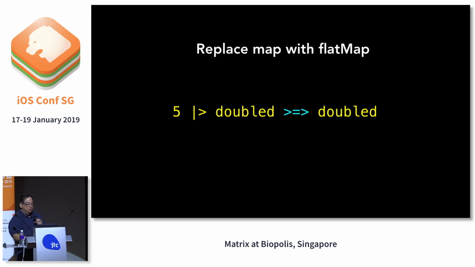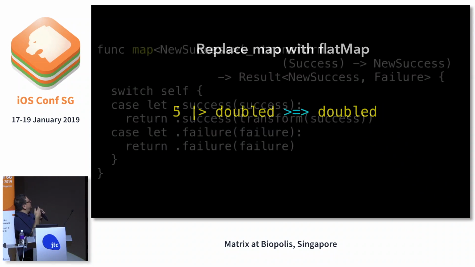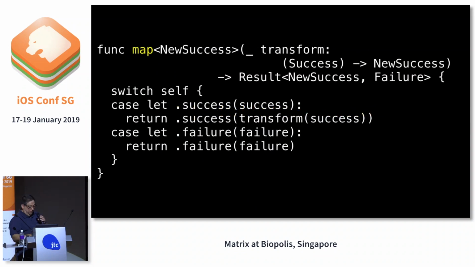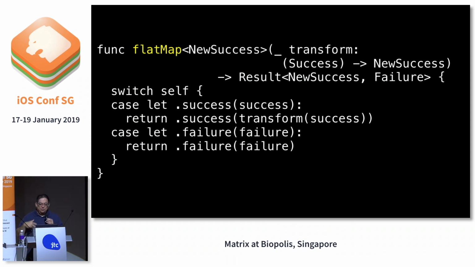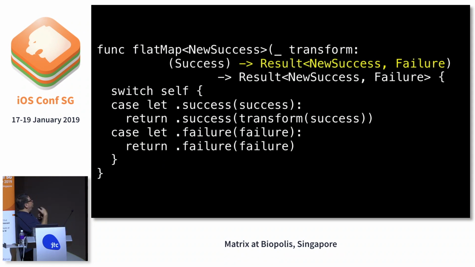So how do we change map to flatMap? Well, first we change the name. And then we look at the signature, and flat maps always look the same. They don't have a transform from success to new success. They always transform to the new type, result of new success, failure.